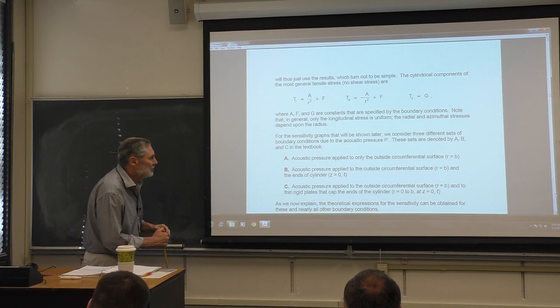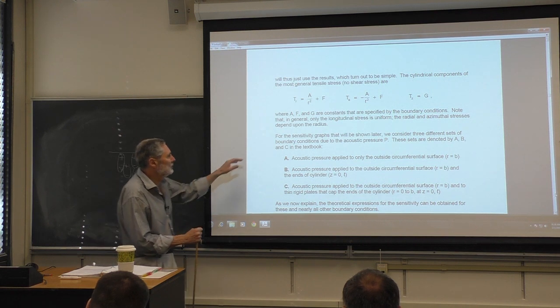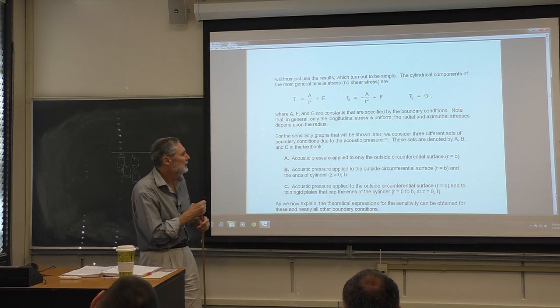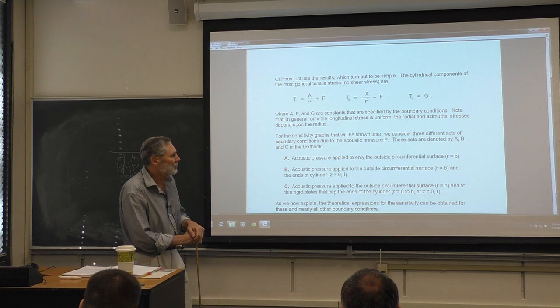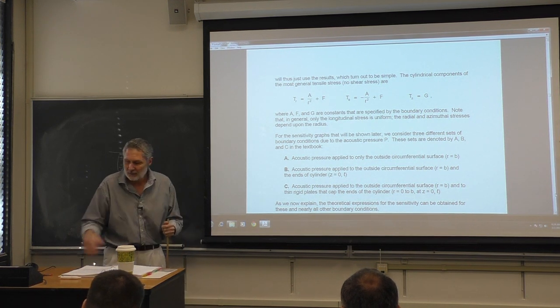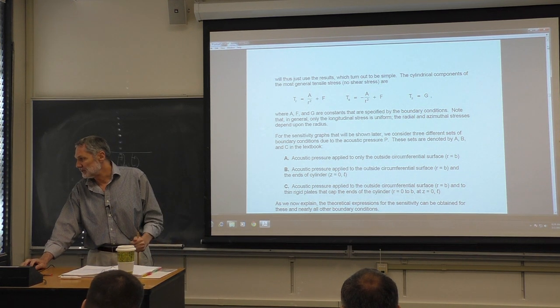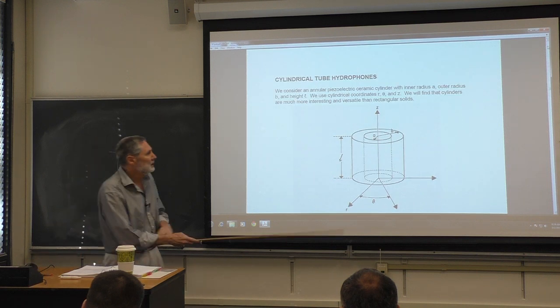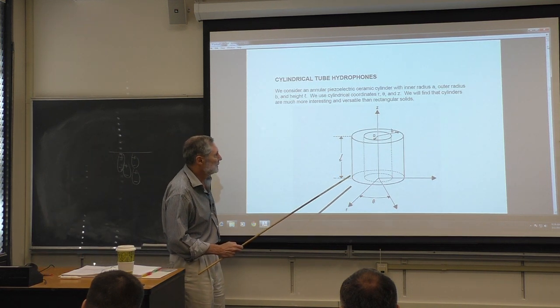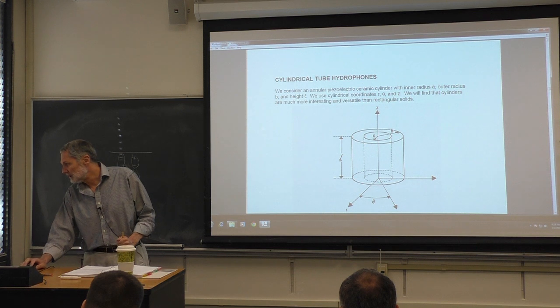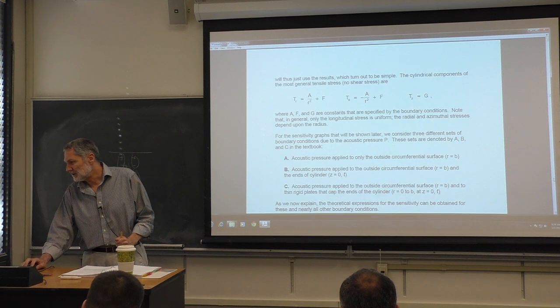Case A has to do with the exposure to the sound wave. Case A has to do with only the outside cylindrical surface being exposed. So capital A, yes. It's not lowercase, okay?